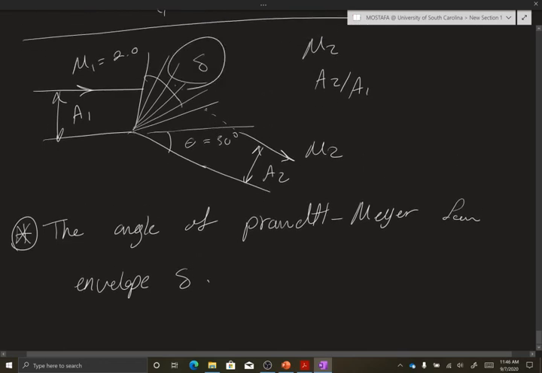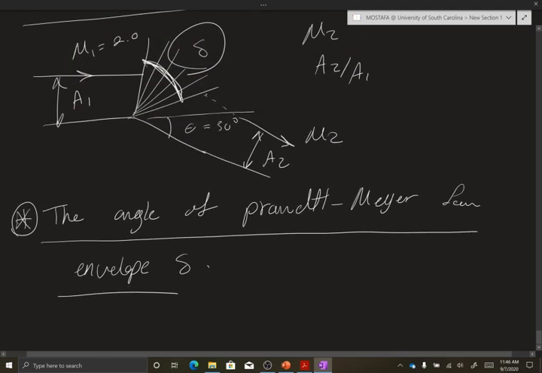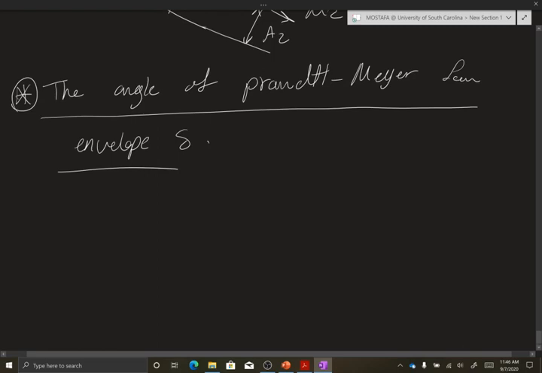So whenever you hear this, what is the angle of the Prandtl-Meyer fan envelope, we are talking about this angle, right? So it's essentially the angle the first Mach wave makes with the last Mach wave.